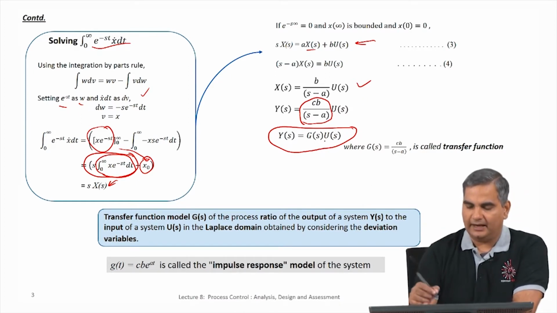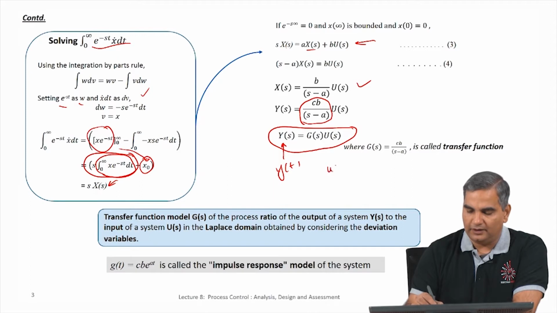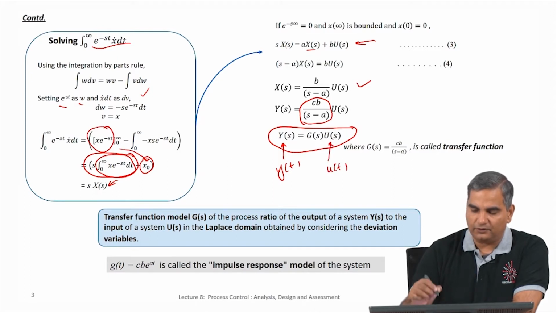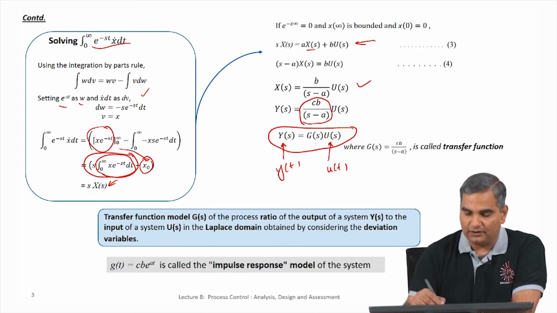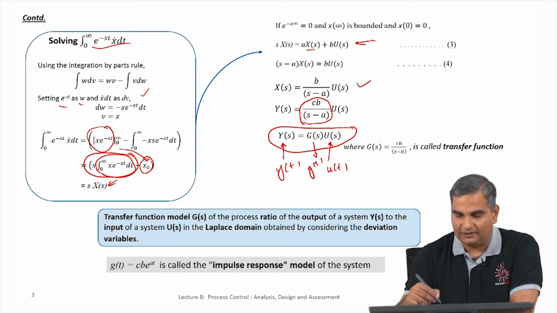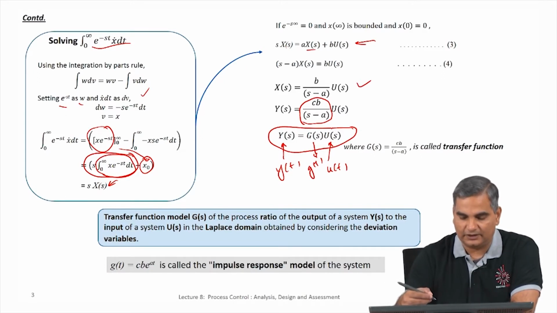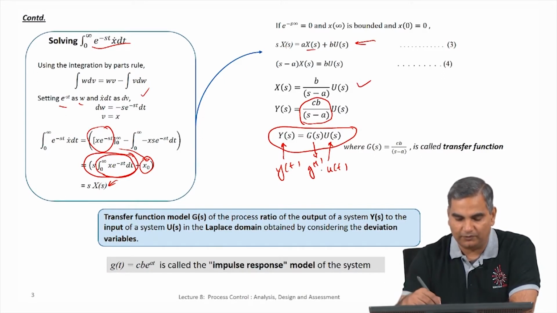So, just like how there is a y of t which can be converted to Laplace domain and a u of t that can be converted to Laplace domain u of s. Clearly, for g of s also there should be a g of t, right, because it is a transfer function. So, every function has, if it is a Laplace function, then there will be an equivalent time domain function.